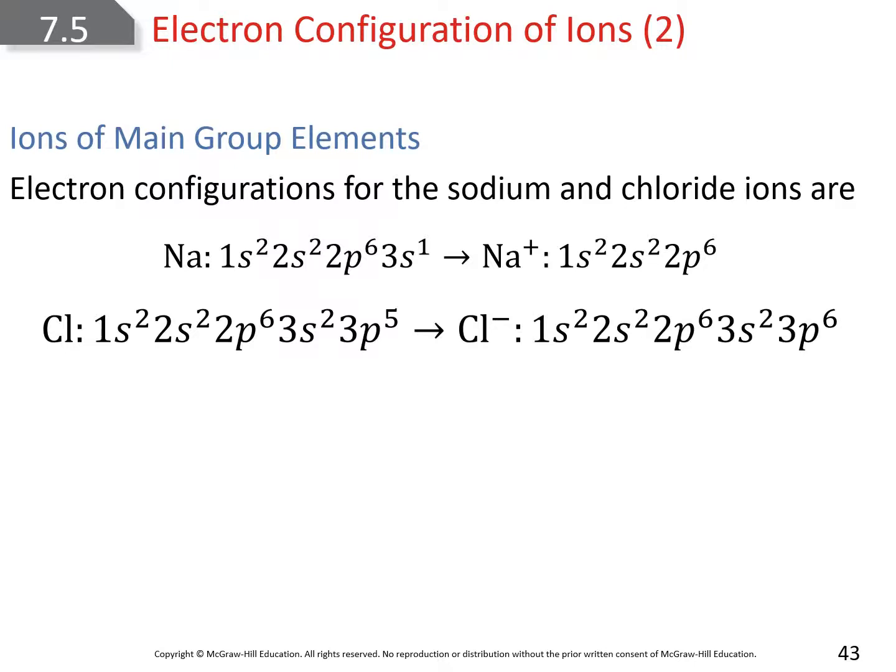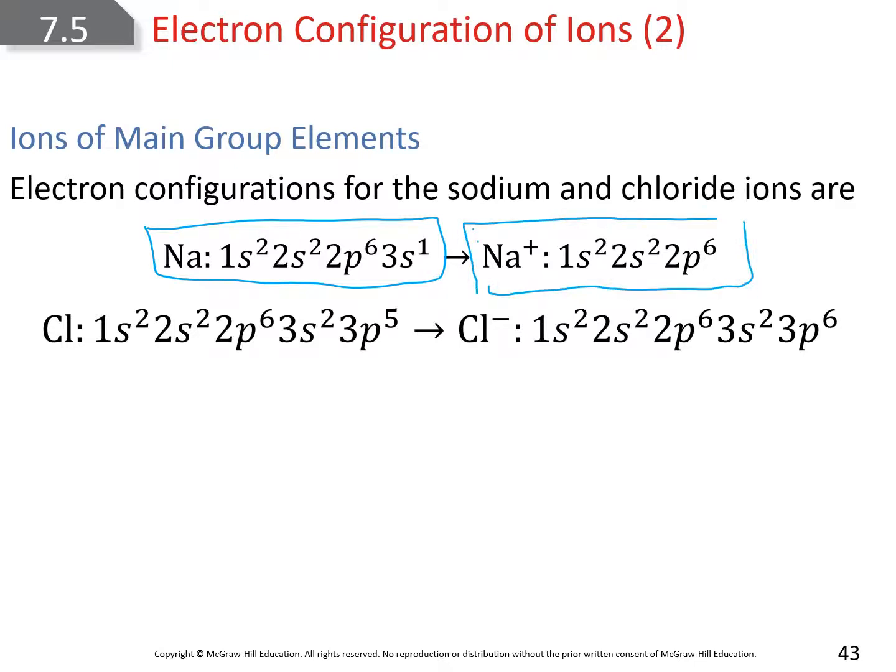For example, the electron configurations of sodium and the sodium cation are in front of you. What you see is that the neutral sodium has an electronic configuration of 1s2, 2s2, 2p6, 3s1. The sodium ion loses one electron, so the 3s1 electron, you'll notice, is gone.